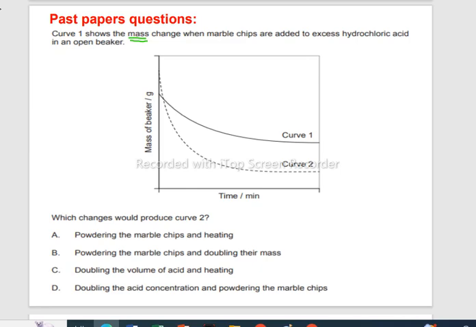The chemical reaction is between HCl and marble chips, which is calcium carbonate. Excess is the hydrochloric acid, and here the marble is my limiting reagent. Curve 1 is my original curve.